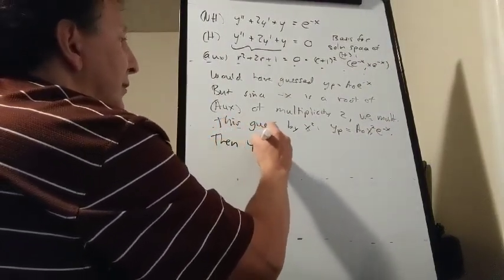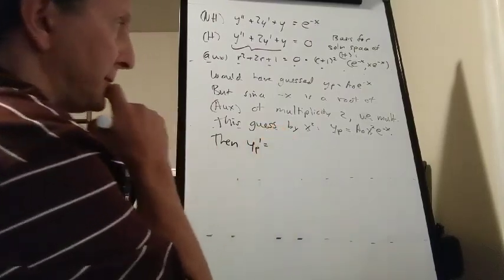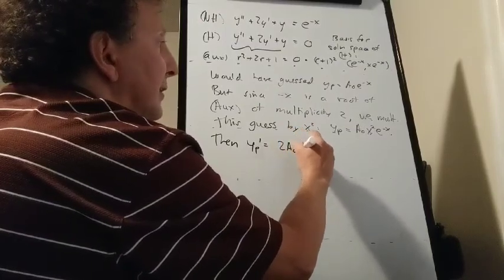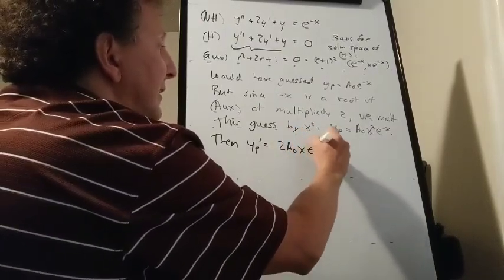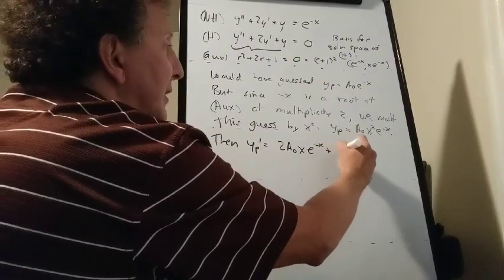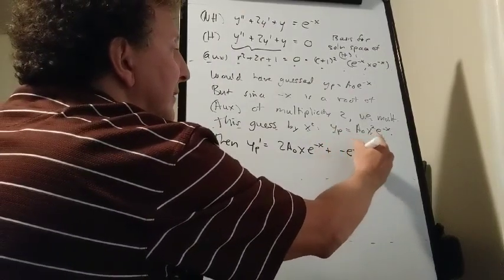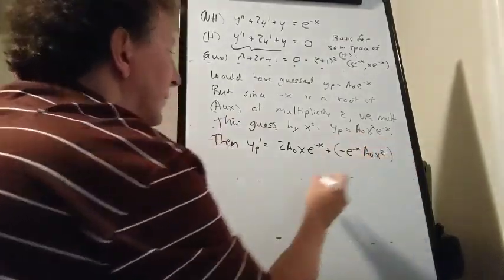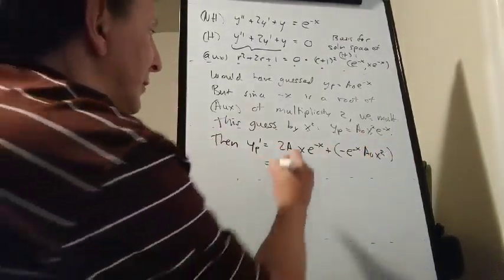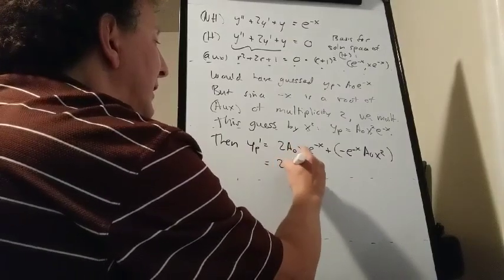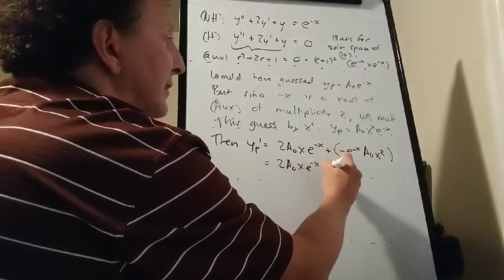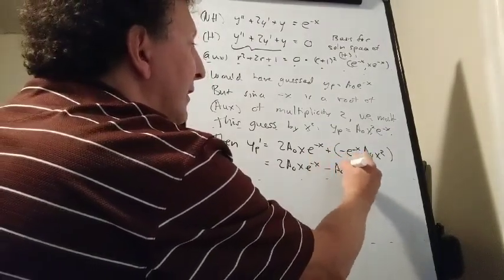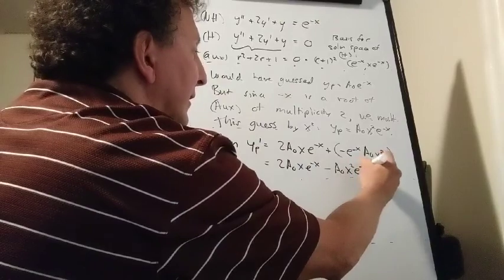Then the derivative is, let's see, derivative of the first, 2a naught x, times the second, e to the negative x, plus derivative of the second, negative e to the negative x, times the first, a naught x squared. So we've got 2a naught x e to the negative x minus a naught x squared e to the negative x.